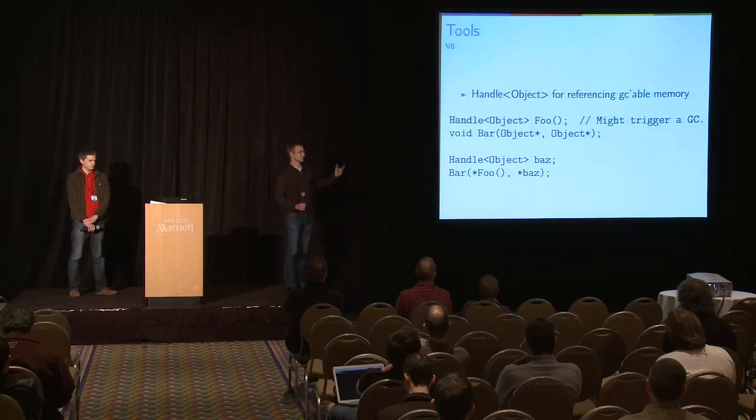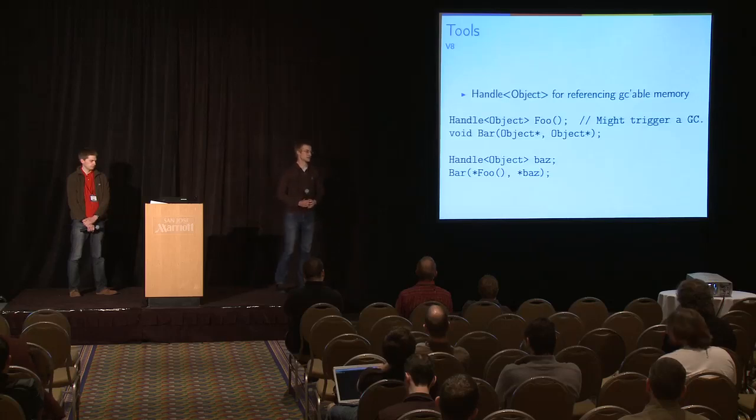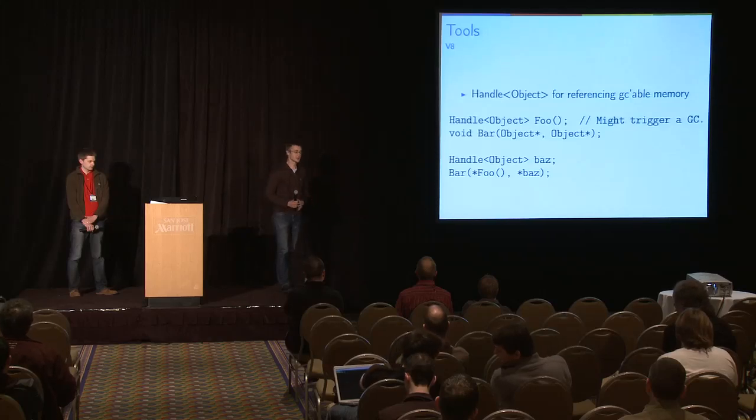If you have a handle to a JavaScript object, and then you run a garbage collection, and the garbage collection moves around that object, then the handle now refers to the new location, and also understands if an object is deleted. But for performance reasons, they use raw pointers in a few points in their code. And then they have to be very careful to not access the raw pointers after something triggered a garbage collection.